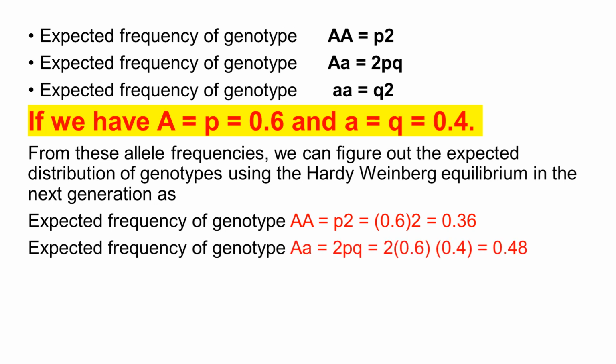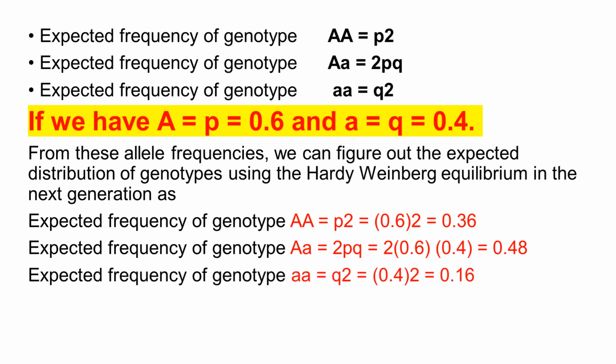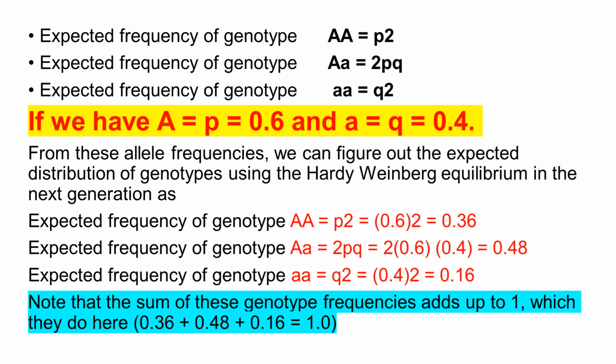Expected frequency of genotype Aa equals 2pq equals 2 × 0.6 × 0.4 equals 0.48. Expected frequency of genotype aa equals q² equals 0.4² equals 0.16. Note that the sum of these genotype frequencies adds up to 1, which they do here: 0.36 plus 0.48 plus 0.16 is equal to 1.0.